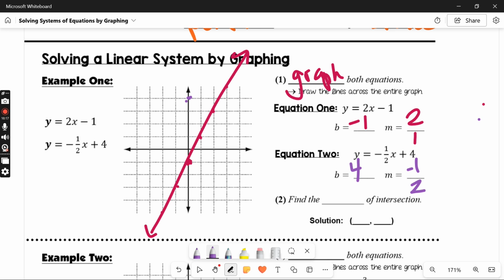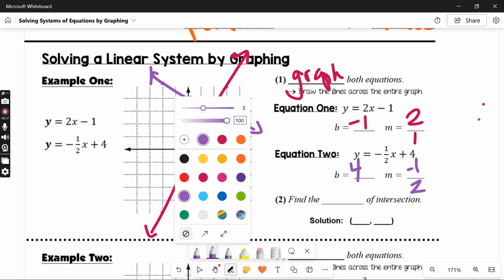From that point, my slope is negative 1 over 2, which means I'm going to go down 1, right 2. Down 1, right 2. I can't go any further, so I'm going to try the opposite, which is up 1, left 2. And that's all I can do. Then I'm going to use a ruler if I have one to connect my dots.